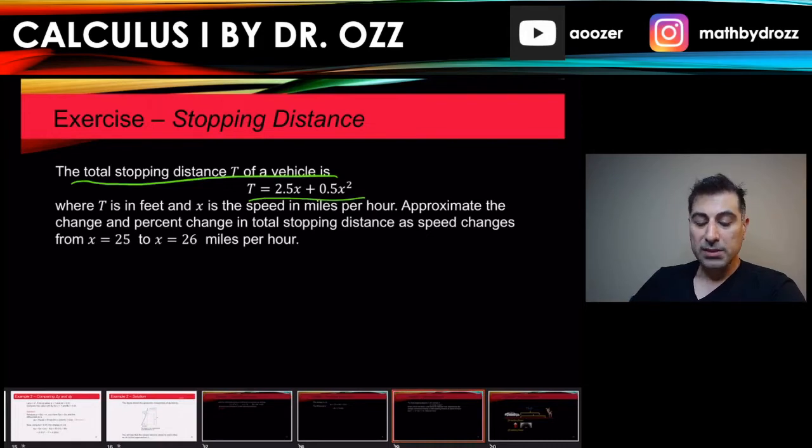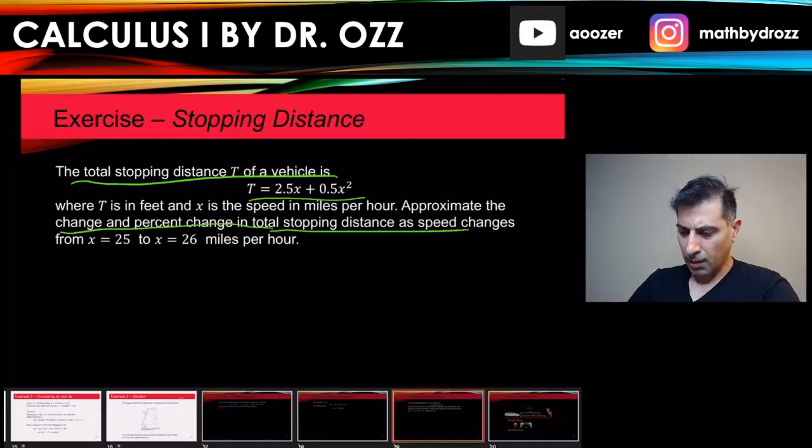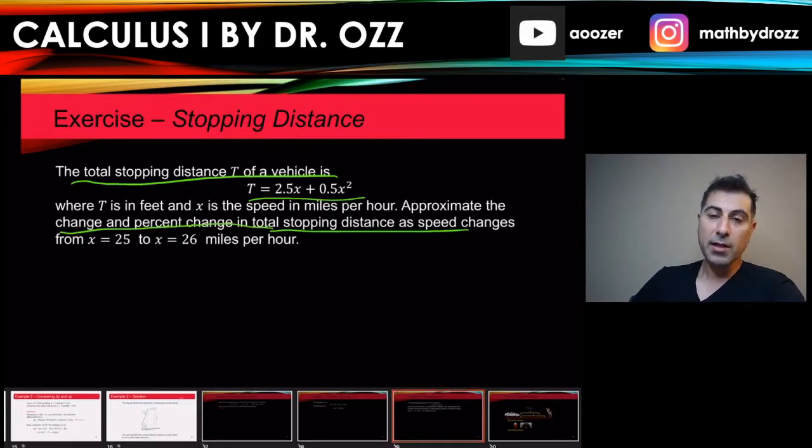So approximate the change and percent change in total stopping distance as speed changes from x equals 25 to x equals 26 miles per hour. So imagine like you're driving with 25 miles per hour, and increasing that even 1 mile per hour will change your total stopping distance.